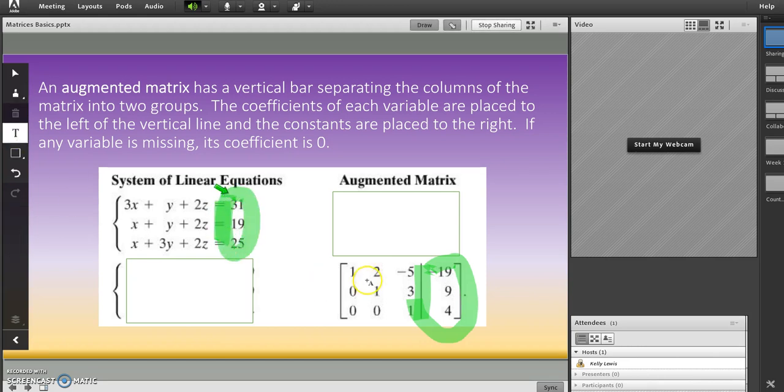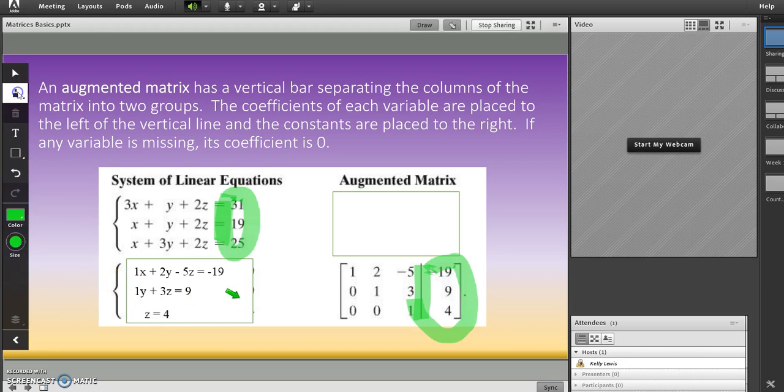So for example, this guy over here, and it goes in ABC order, would be 1x plus 2y minus 5z equals negative 19. That would be that top row. And the second one would be 0x, so I'm going to leave it off: 1y plus 3z equals 9. And then I'm going to leave the x and the y off, and then we have z equals 4.